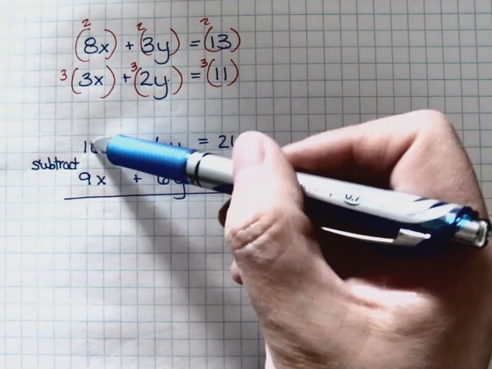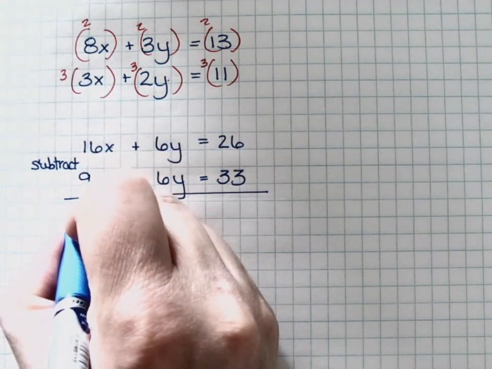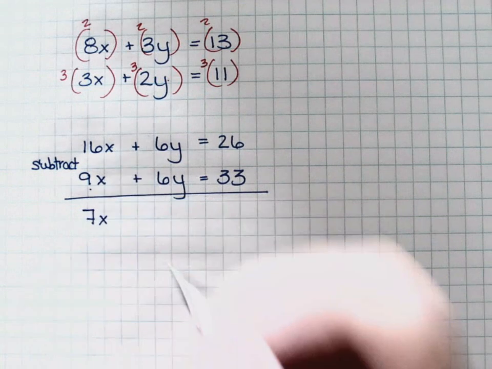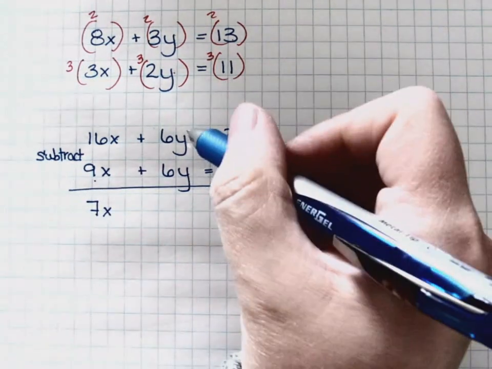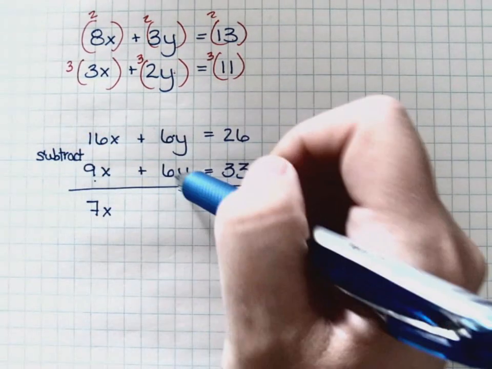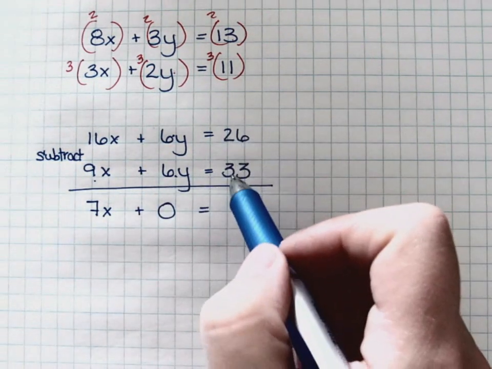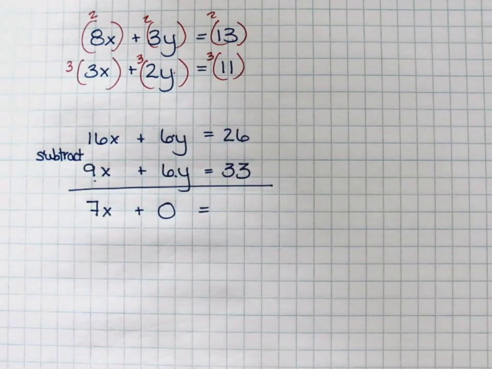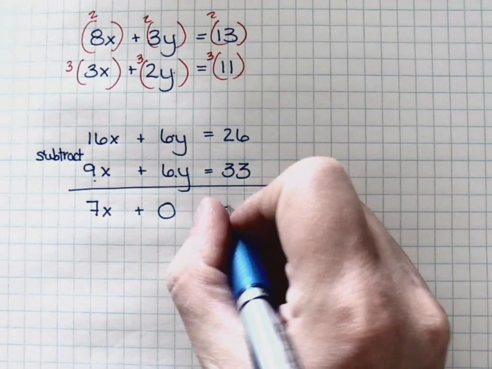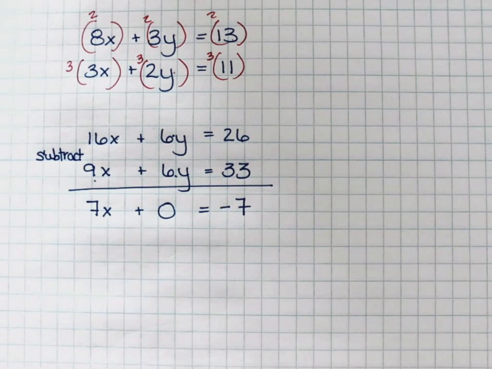So 16x subtract 9x is going to give me 7x. And then 6y subtract 6y should give me 0. And then 26 subtract 33 gives me a negative 7.